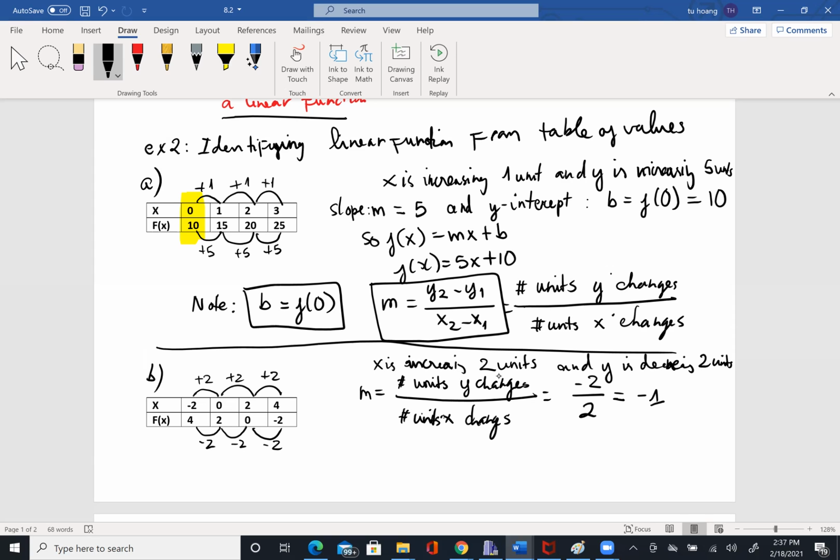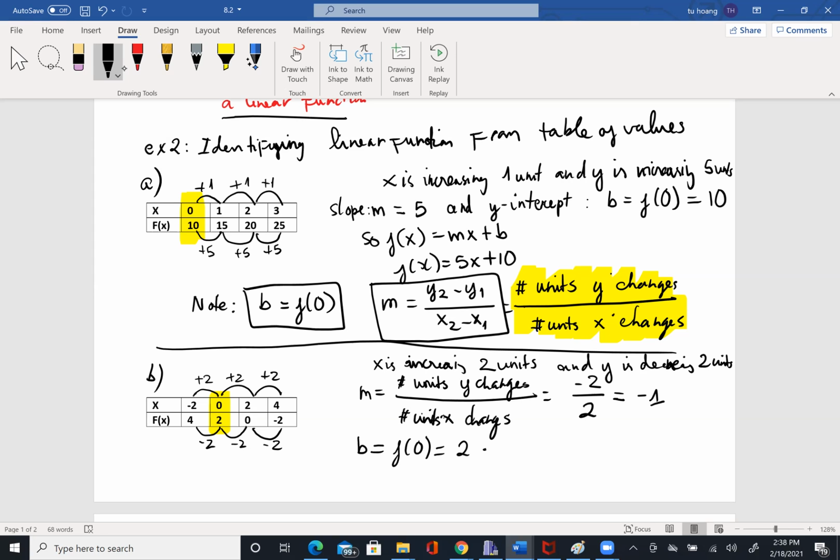Okay. And what about b? b will be the case that x equals 0. You see that? When x equals 0, f of 0 will be 2, right?